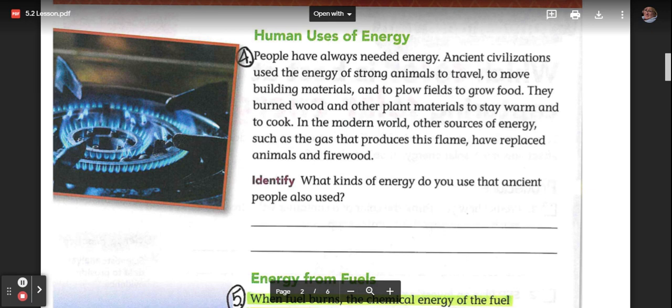And so fire was what cooked food. It kept them warm during cold nights. So fire was very, very important. And also, they talk about how they use strong animals and stuff. But fire was one of the things that they used.